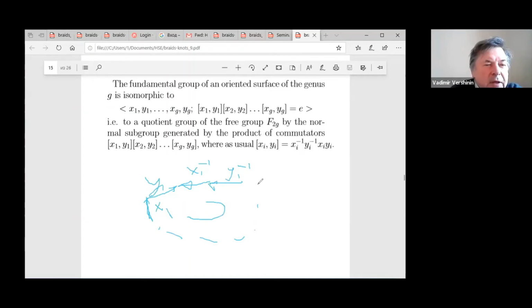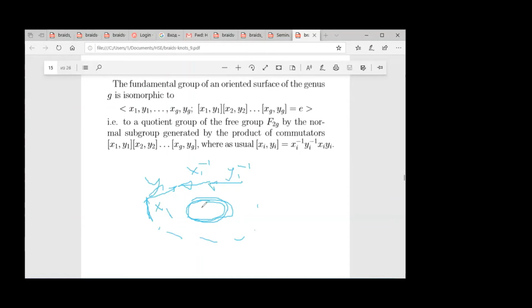Okay? Right. And so what will be the fundamental group if we just make one boundary component for our surface? What will be the fundamental group?